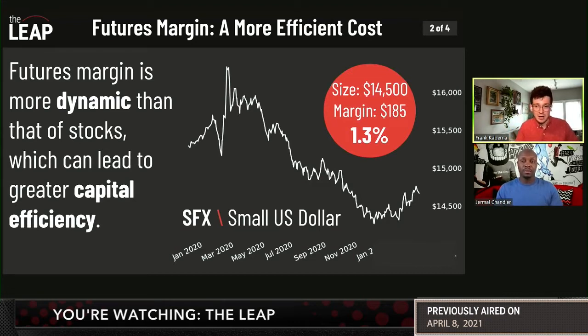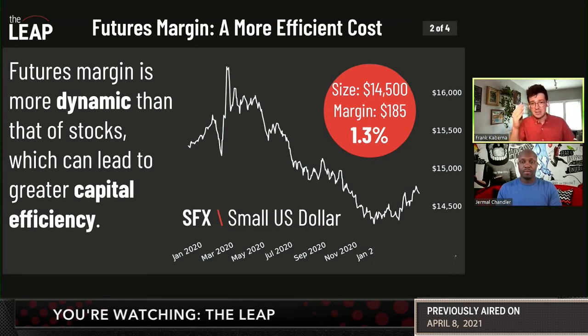foreign exchange is traditionally one of the lowest volatility markets. And this is where futures get really intriguing for me, Jermal. And I want to get your feel on this as well. When you have a stock or an ETF version of foreign exchange, FXE, UUP, those ETFs that track the euro and the US dollar, when you're static at 50% margining and that market gets down to right now sitting around 4 or 5% implied volatility, you're going to get real small movements for a large price tag.